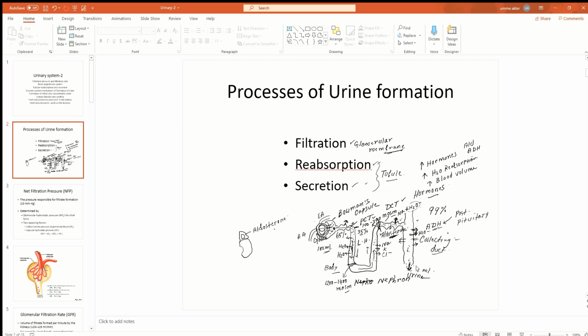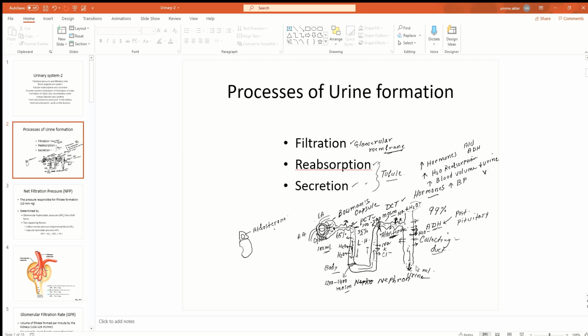Okay, and that will cause what? Increased blood pressure. However, if more water leaves the nephron and goes back to the body, then the volume of urine will go down. So blood volume goes up, but urine volume goes down.